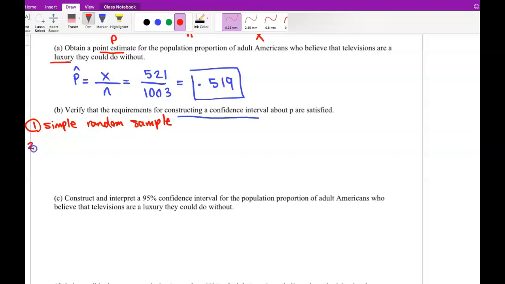Then the second part, I should have n times p hat times q hat greater than or equal to 10. So this is equal to, n is 1003.